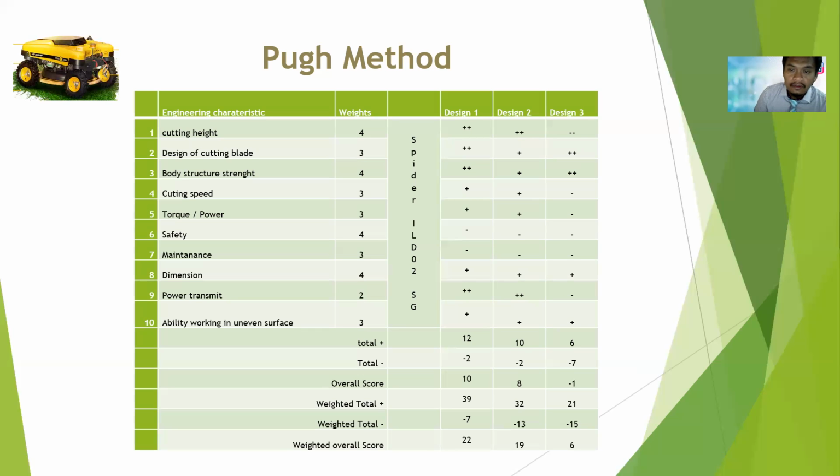So why did design number one get the higher score? Because the specification in the spider ILDO2 SD also appears in design number one, which is what we need for our lawnmower machine.